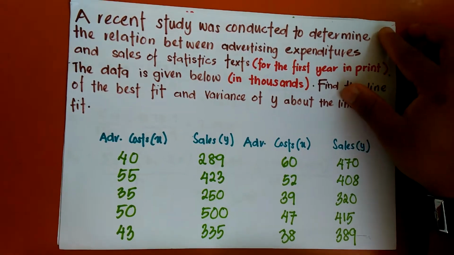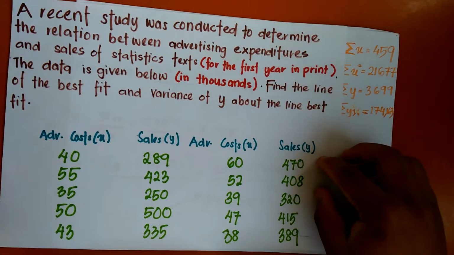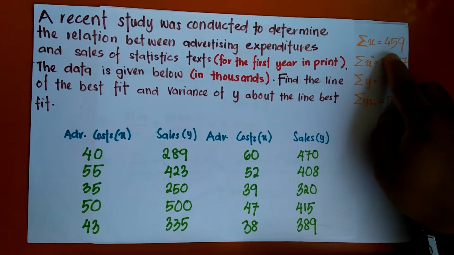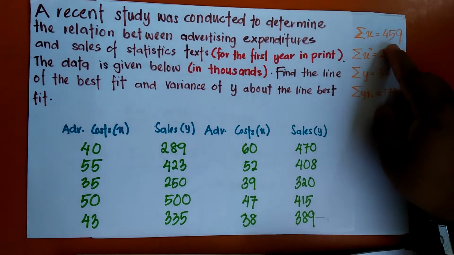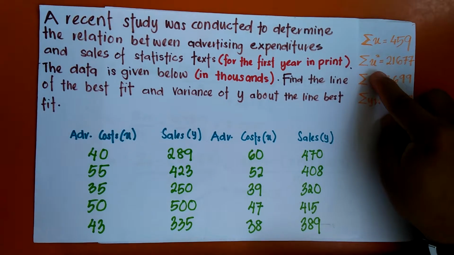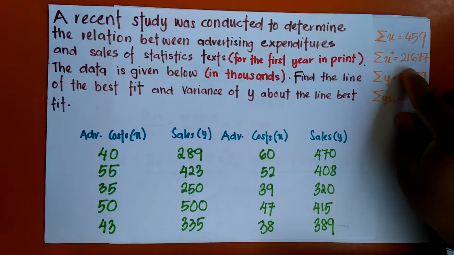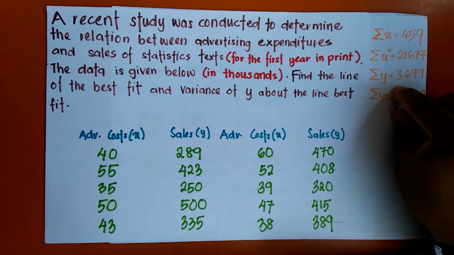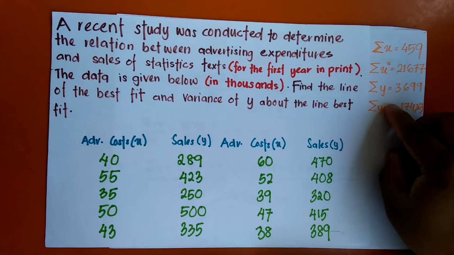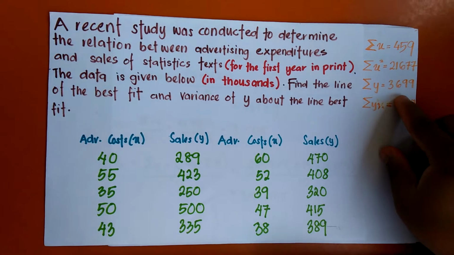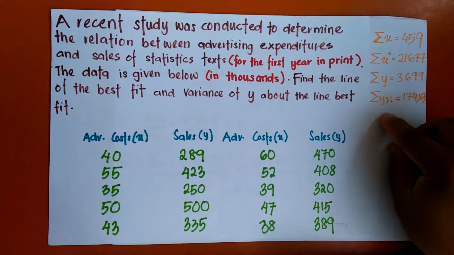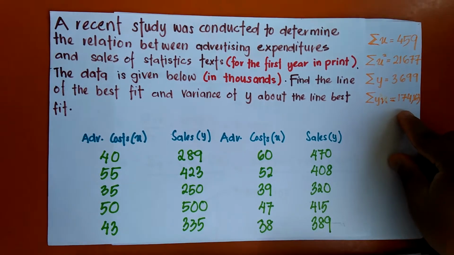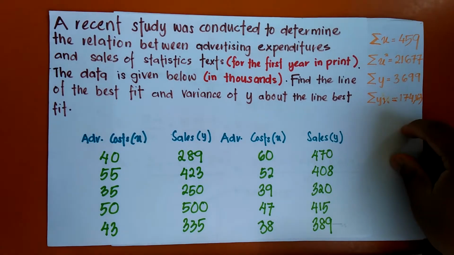So, first of all, we must find the summation of x, which is 459. Next, we must find the summation of x squared, which is 21,677. Next, we must find the summation of y, which is 3,699, and the summation of xy is equal to 174,163.